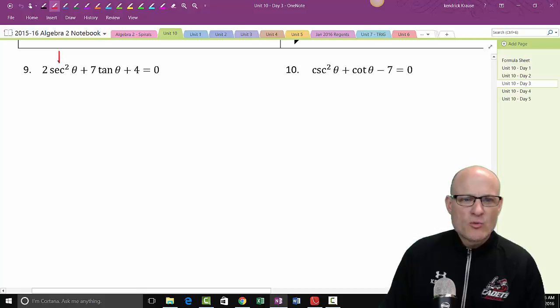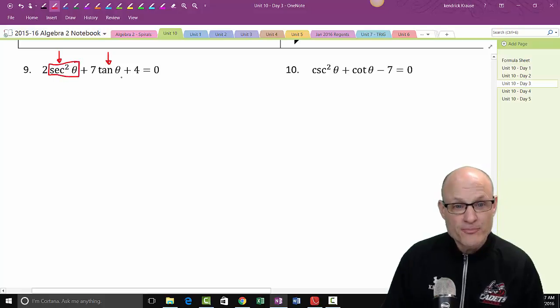Anyway, we've got a function that has secant in it, and we have a function that has tangent in it. It's not allowed. You have to have just one or the other. And I told you before, no rules changed. You can really only replace things that are squared or double angles. So we're going to replace secant squared theta.